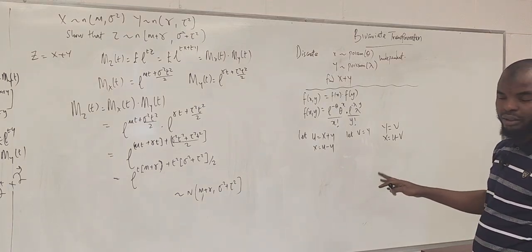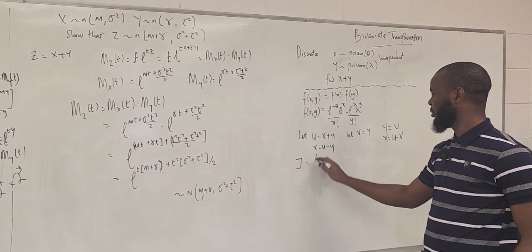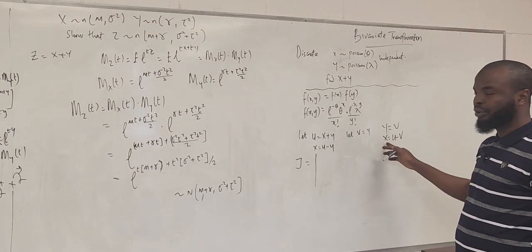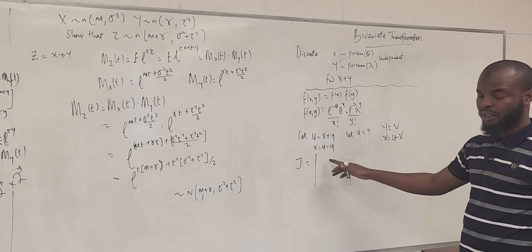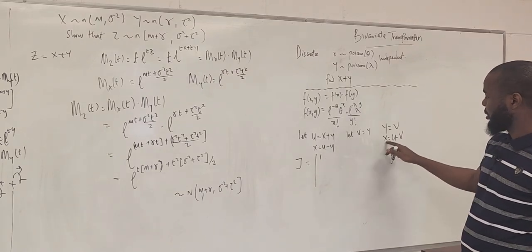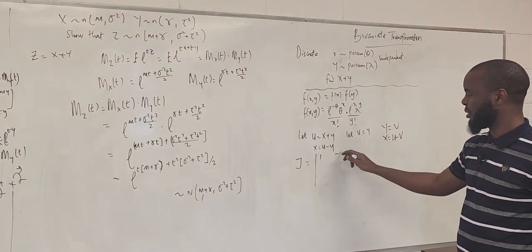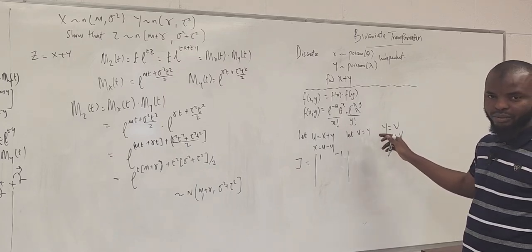Are you okay with this? Yeah. Now, let's proceed. Now, let's form the Jacobian. For you to form the Jacobian, I'm not going to write the derivative. The x, the u is going to be what? 1. The x, the v is going to be what? Minus 1. Do you get this, Sam?